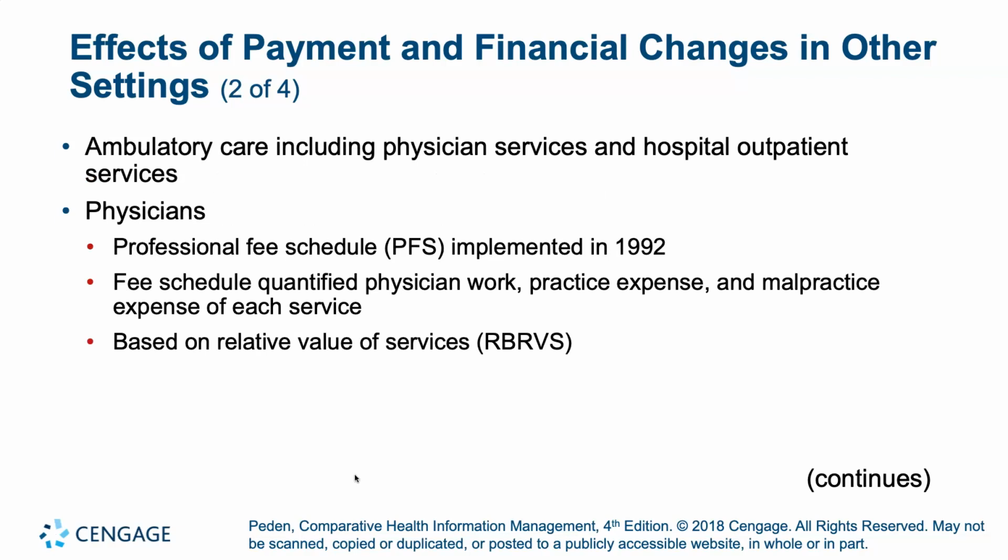RBRVS is gone, essentially gone. It has been cut back so much that physicians who are still trying to bill RBRVS are getting next to nothing. That has been replaced, and we will talk about that definitely in the reimbursement class.